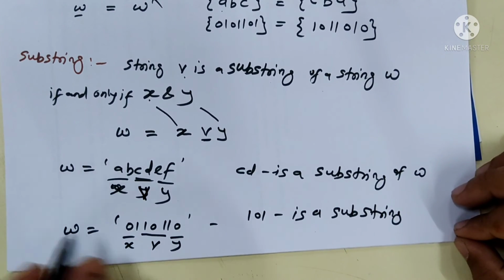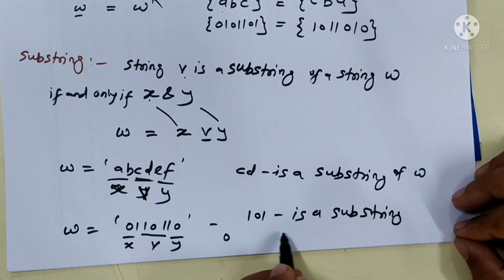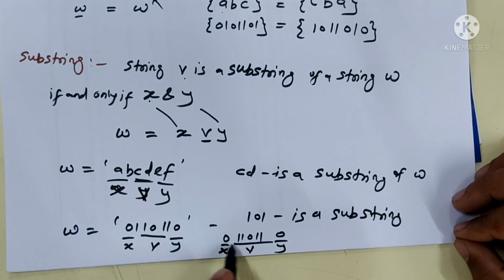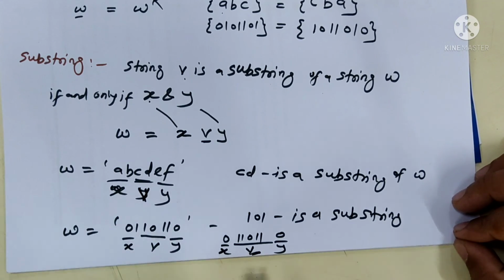Any combination we can take, like 0 is x and this 0 is y, and this whole string is v, like 11011. But we need an x and y, then we call v a substring.